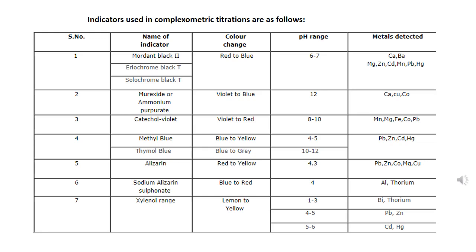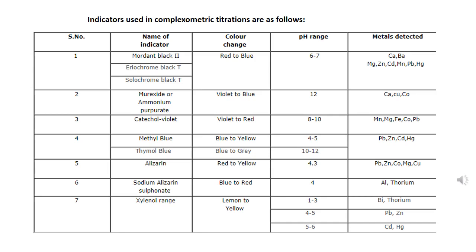The next indicator is alizarin, and the color changes from red to yellow. The pH range for complex formation is 4.3. Lead, zinc, cobalt, magnesium, and copper can be detected with alizarin. The next indicator is sodium alizarin sulfonate, and the color changes from blue to red when the complex is formed.